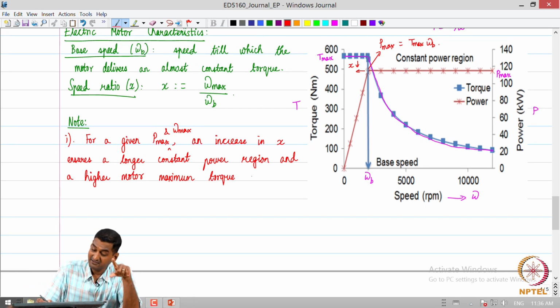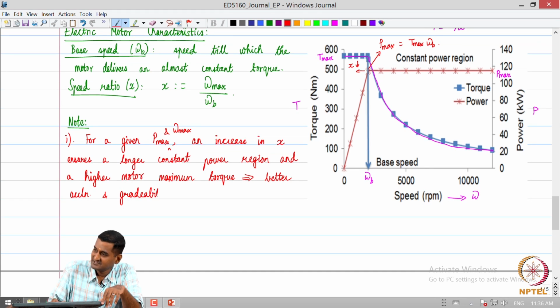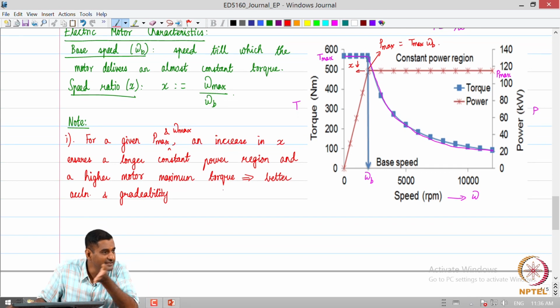So, if we have a higher maximum motor torque, what will happen? This will imply better acceleration and gradability characteristics, is it not? Because gradability and acceleration are decided by the initial torque that we get out of the prime mover.